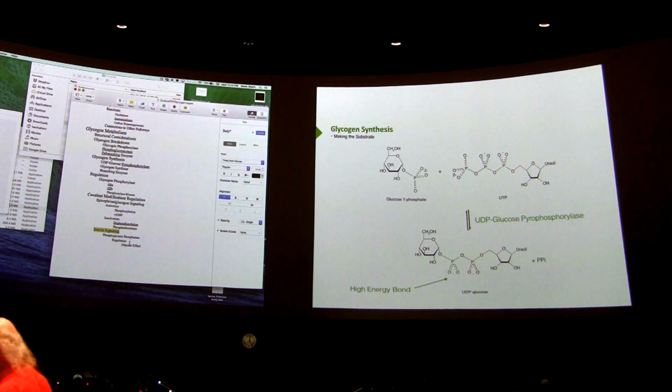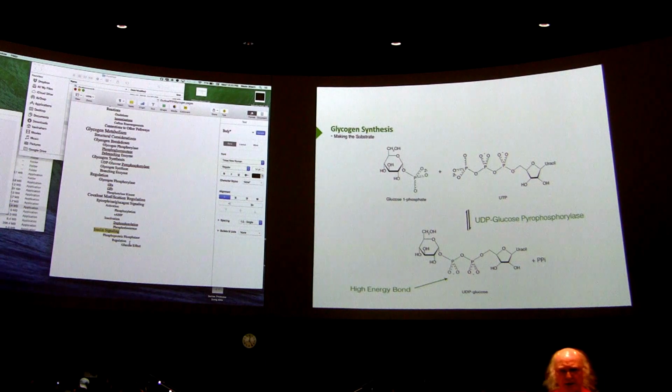An activated intermediate, I'm going to give you a definition here. An activated intermediate is a molecule that has a high energy bond, and it uses the energy of that bond to donate a part of itself to something else.